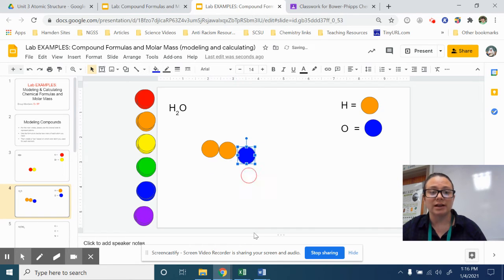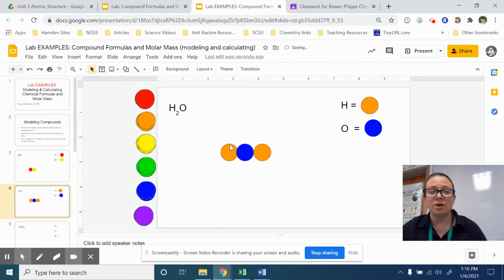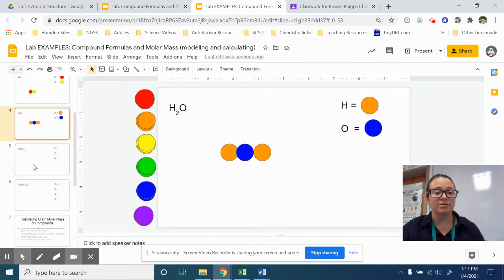So you can show them like this, next to each other like that. You can show it as one in the middle. You can show them any way you want, as long as you have 2 of the hydrogen ones, right? Hydrogen I'm representing as orange, and blue, 1 blue oxygen atom, right? 2 H's, 1 O, and they're all connected to each other because it's a compound. So far, so good. Let's try another example.